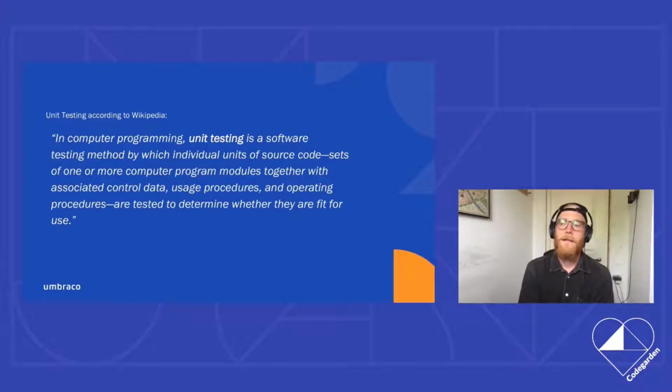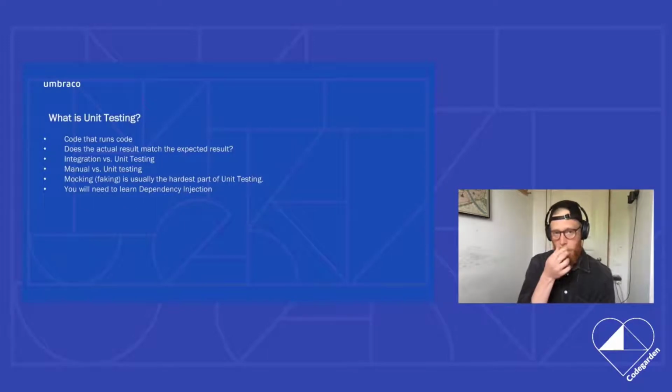So my goal in this session is to explain it in somewhat easier terms. Unit testing essentially is just code that runs your code. Basically, code that runs your implementation code.